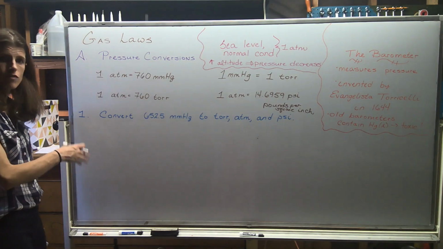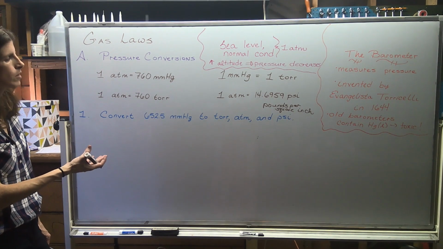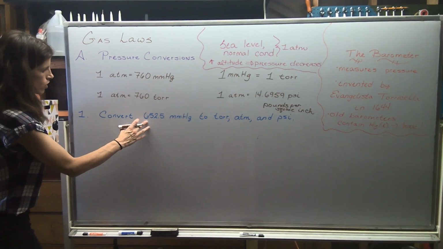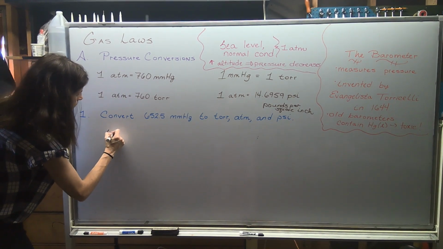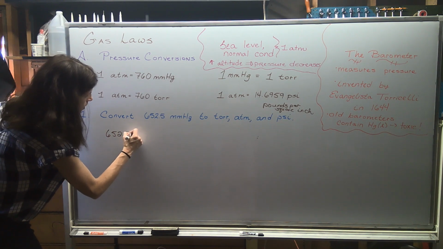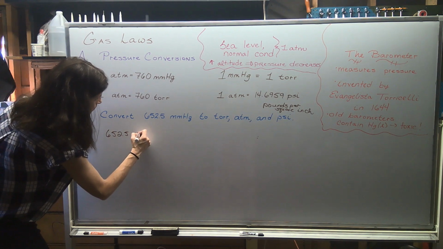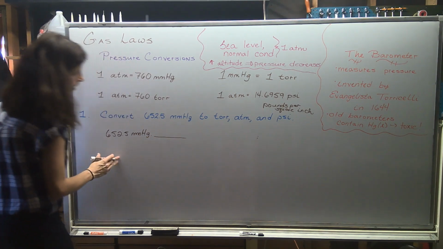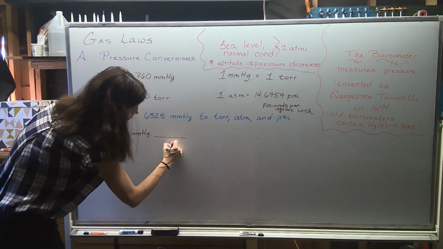Alright, let's do these conversions. They're going to look super similar to the conversions that we set up earlier in the course. So I'm going to start with 652.5 millimeters of mercury. And I want to think about, what am I trying to get rid of? Well, I'm trying to get rid of millimeters of mercury.